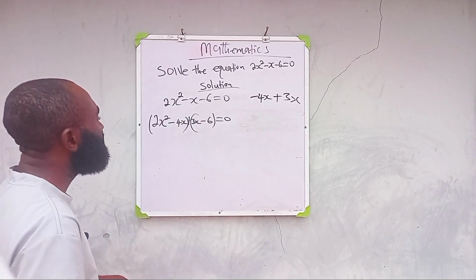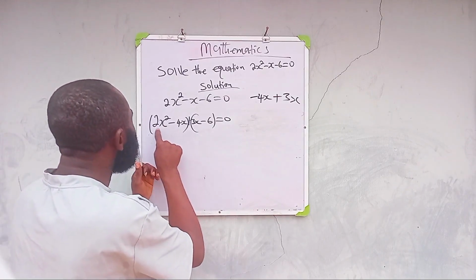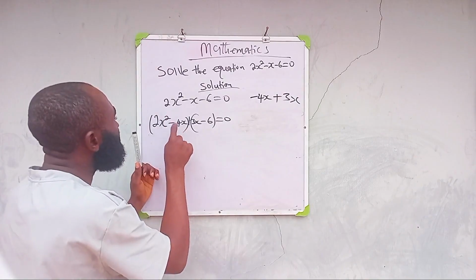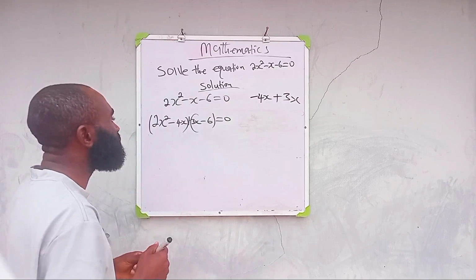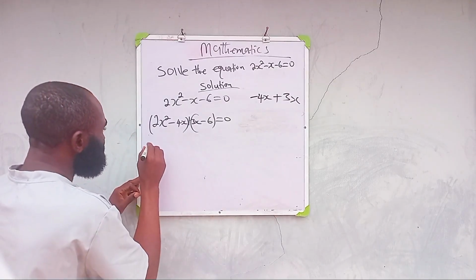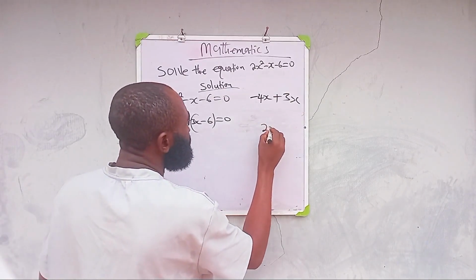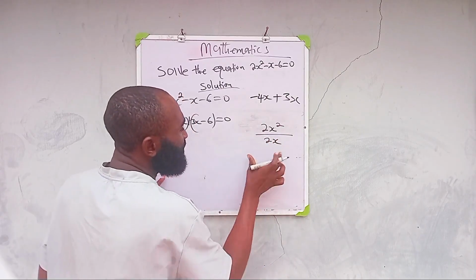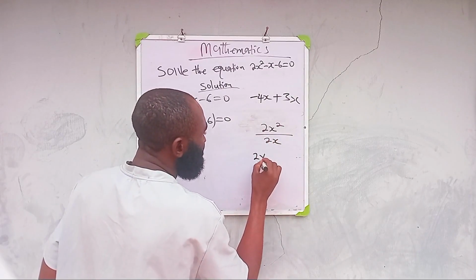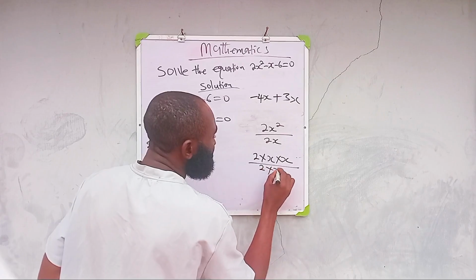How do I know that? Because the only factor that divides 2x² and 4x is 2x. So 2x² divided by 2x is the same as 2 times x times x all over 2 times x.